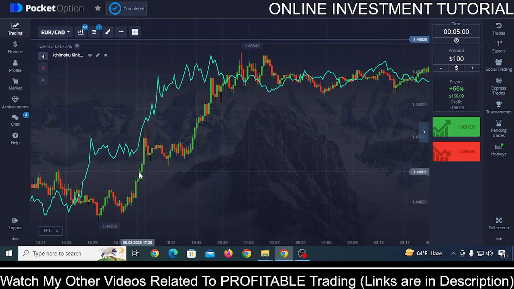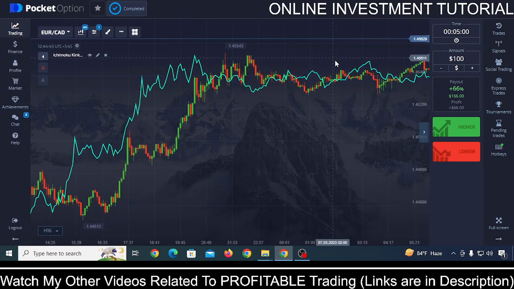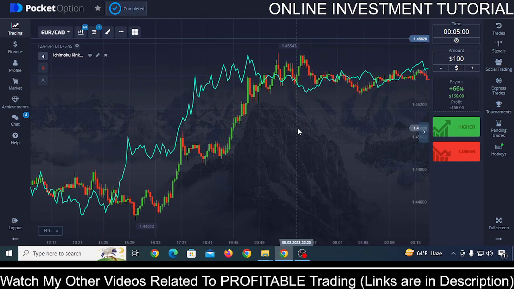For example, if this line is far from the current market, then that means there is a strong trend, either uptrend or downtrend. It will go far away from the current price. And here you can see these are the places where the trend is not so strong. It is range bound, so it is neither going up nor coming down. In those cases you can see this kind of pattern.